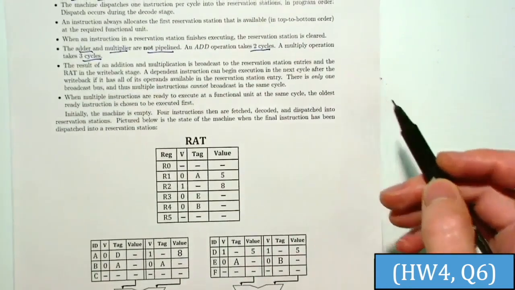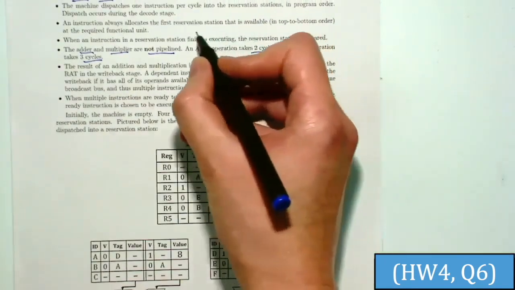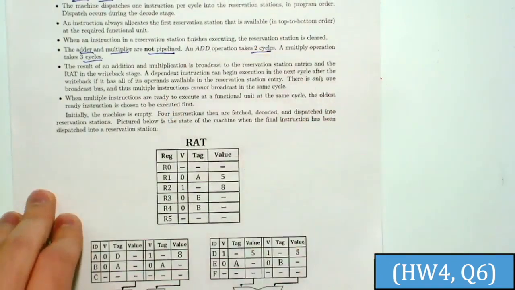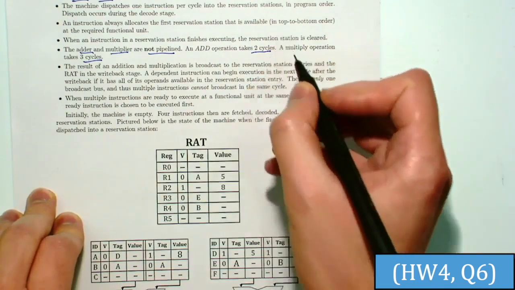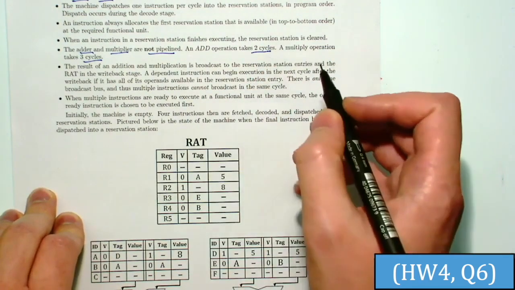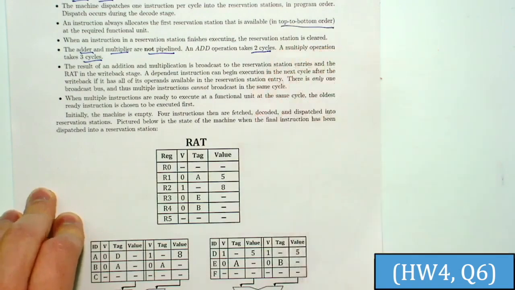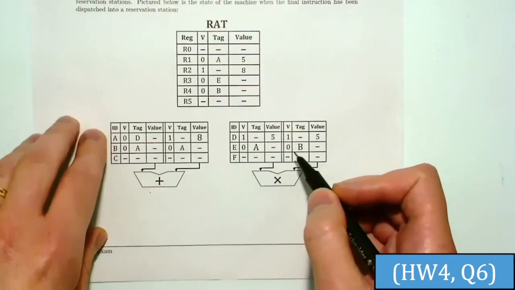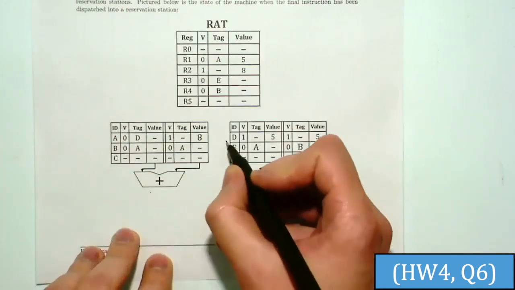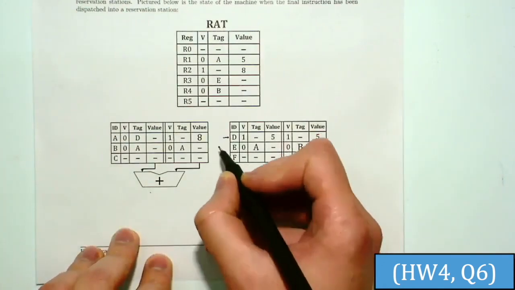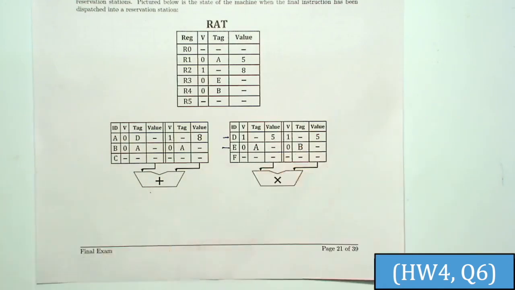So from the question, we know that the instructions are allocated to reservation stations in top to bottom order. So when we look at a single reservation station, we know that this instruction comes before this instruction in the program order.